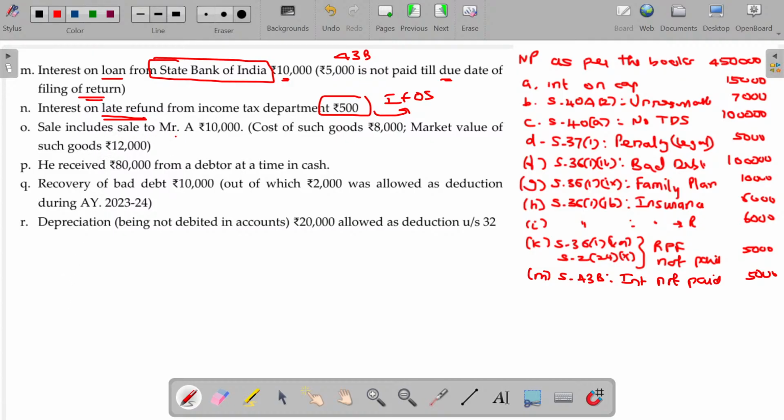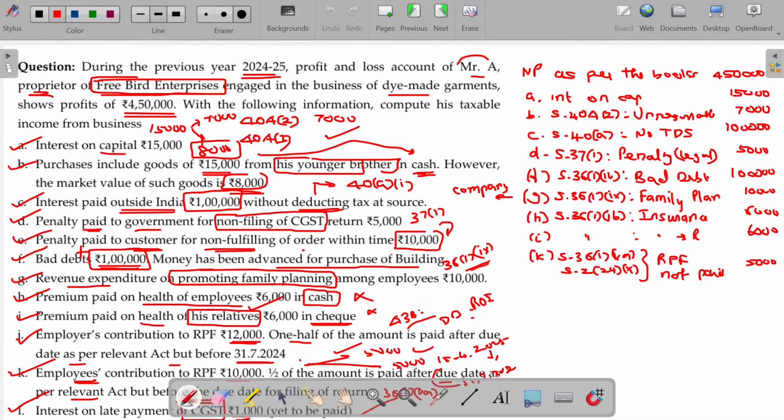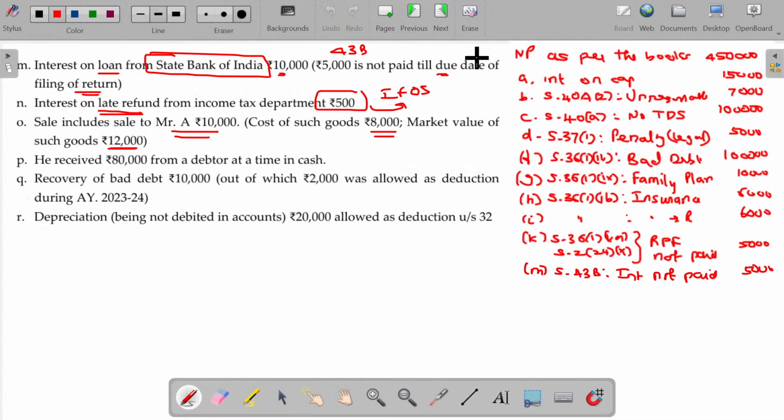Sales include sales to Mr. A, 10,000. Cost of such goods 8,000, market value of such goods being 12,000 rupees. Mr. A being the owner, proprietor, so if the owner takes the goods, it's only a drawing, subtracted from the asset and subtracted from the purchases. What is the entry for this? Drawings debit to purchases.